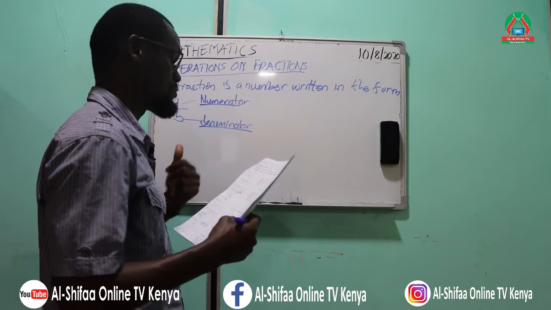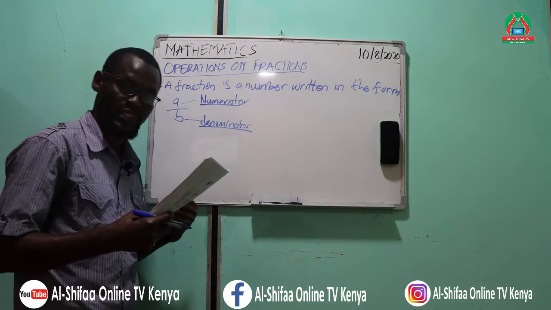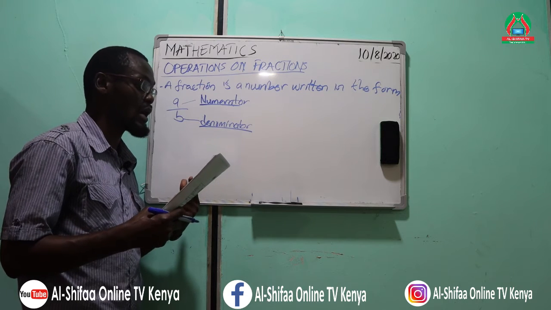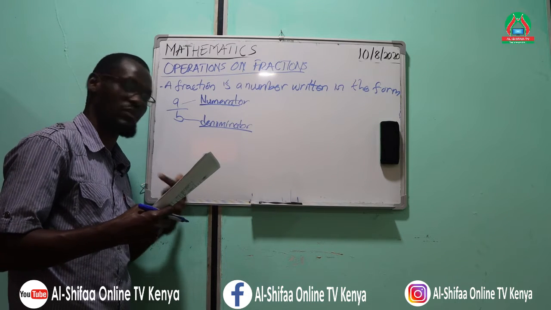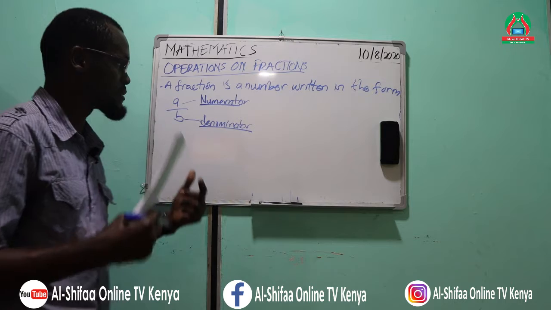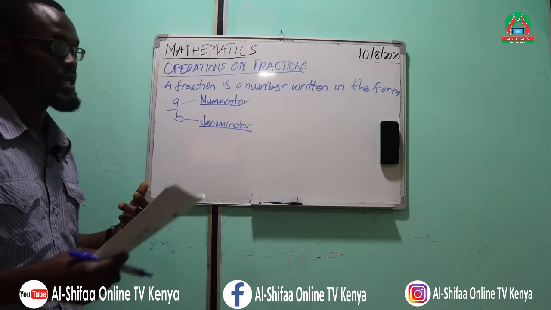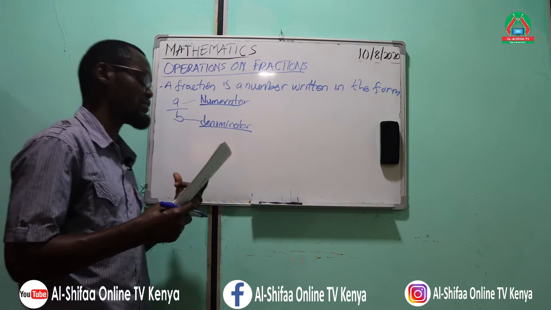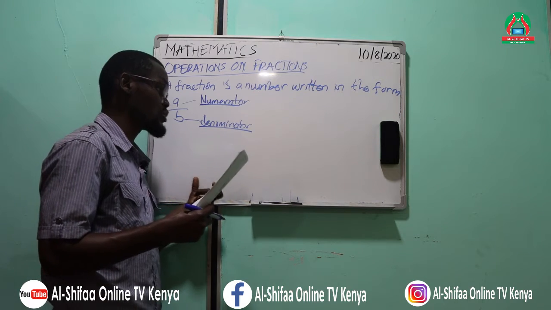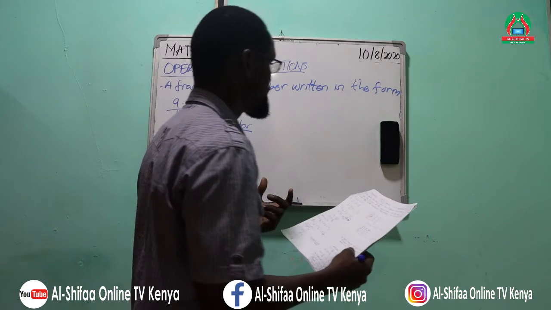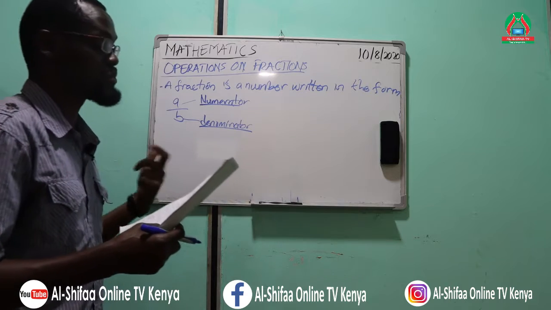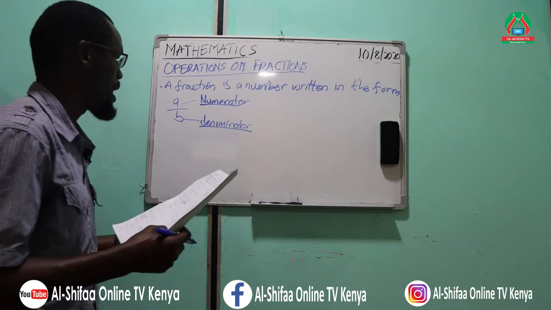But before we go into the operations, we'll look into how to find the LCM of numbers, because it's more applicable in addition and subtraction of fractions. Without knowing how to find an LCM, addition and subtraction of fractions will be hard.